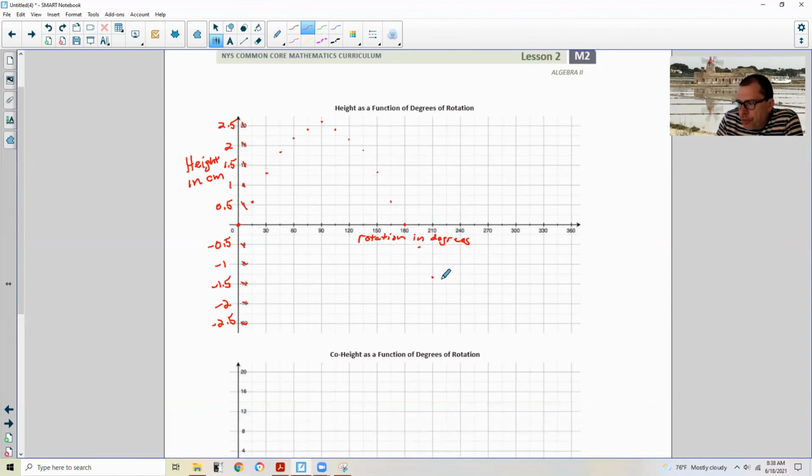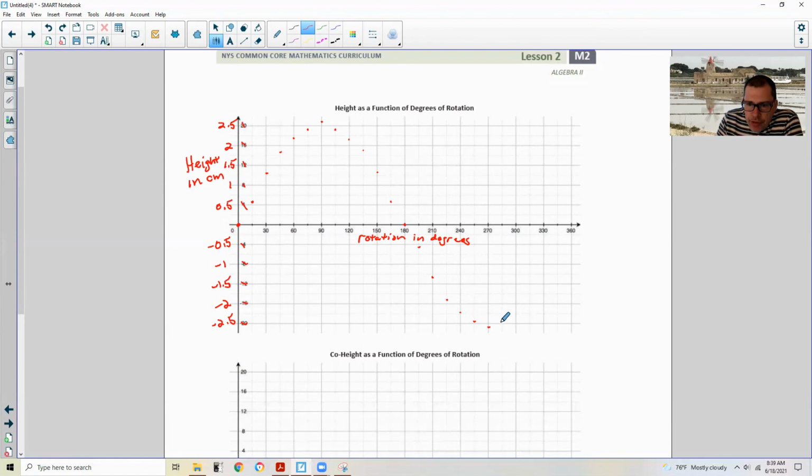That's 210, 225, negative 1.8, right about here. 240, negative 2.2, right about here. 255, negative 2.4, and 270, negative 2.6, right here.